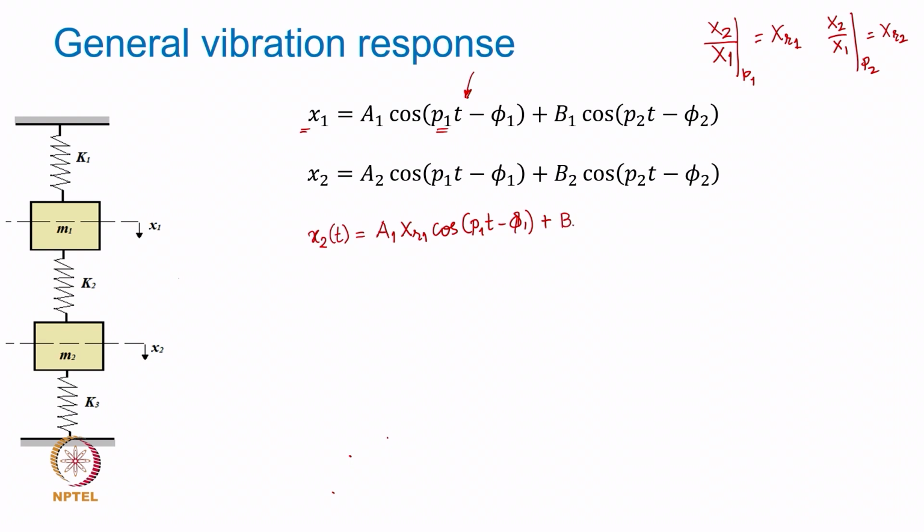So, I can write B2 as B1 times xr2 cos(P2 t minus phi 2).